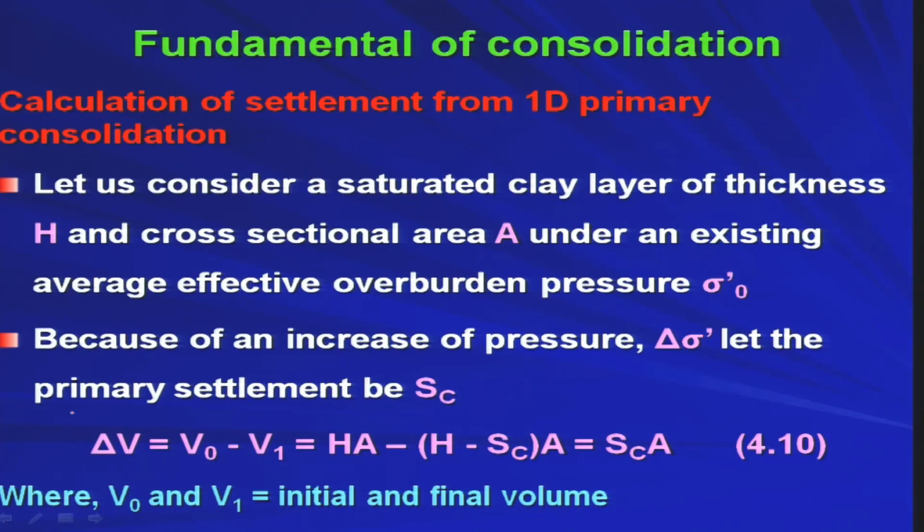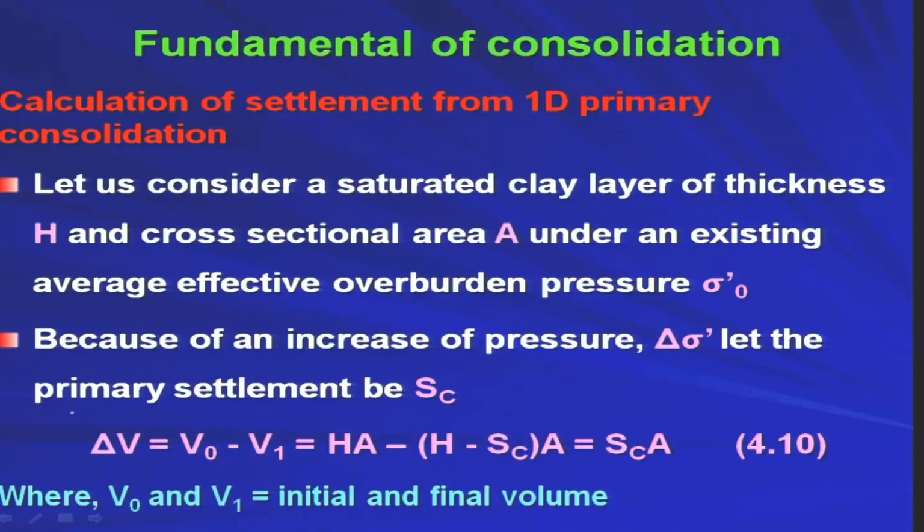That is the reduced thickness of the soil deposit, because once you apply some delta sigma prime on top of the soil deposit, it will undergo some volume change, and that volume change is proportional to the change in thickness as well. Already we discussed this in the last lecture, because you are providing confinement in the lateral direction.